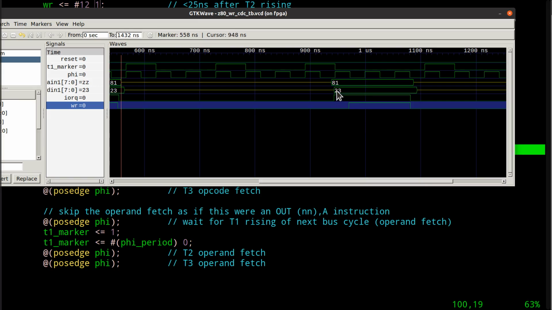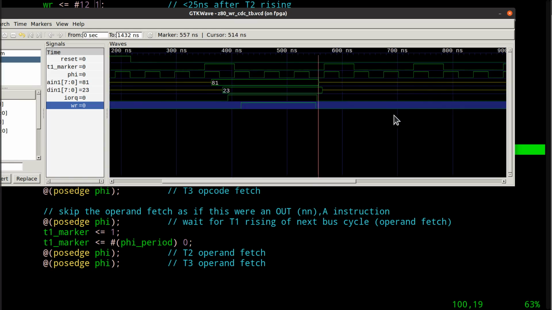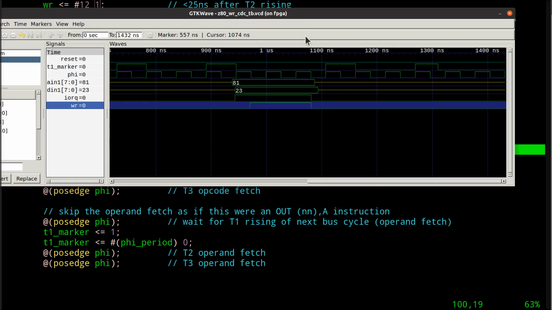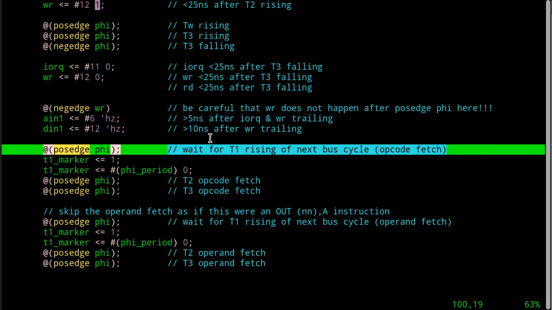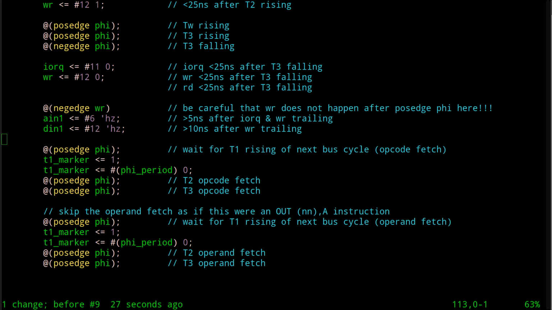IOREC and data are active so close to when IOREC goes on, and IOREC goes high on the rising edge of T2, and write goes active almost at the falling edge of T2 in the worst case scenario. And over here, in the moderate cases, things are happening a little earlier, with a little more setup and a little more hold than they do over here in the worst case. All right, so I'm just saying. That's why I did the modeling twice, but that's not paramount to this discussion right now.